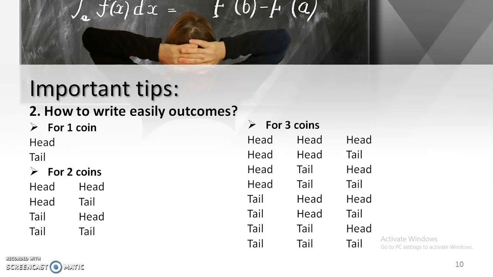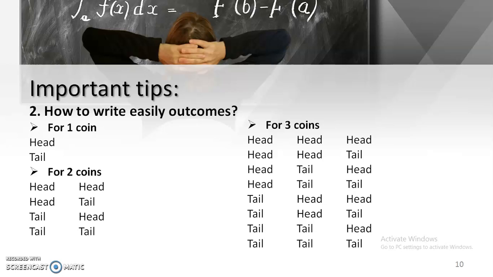We have 4 total outcomes, since 2 raised to n means 2 raised to 2 equals 4. So the answer is 4, and divide by 2. So head head, tail tail, and in the second column, head tail means one time. Divide by 2 always.